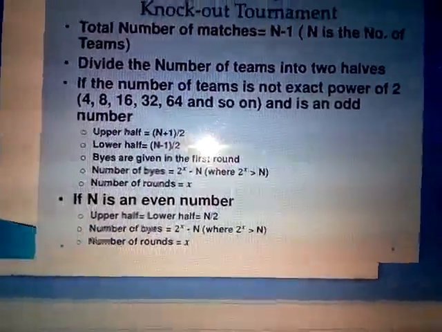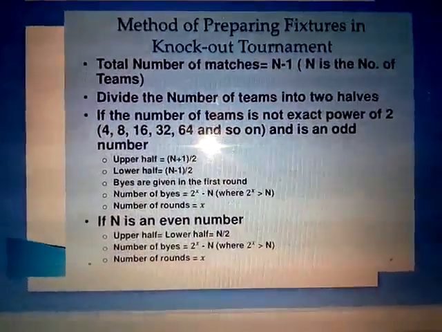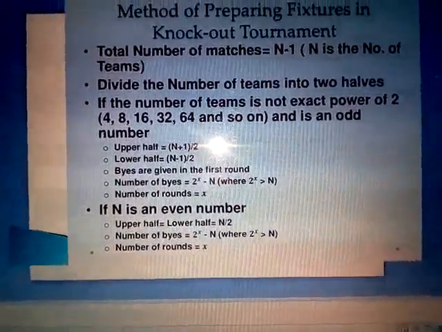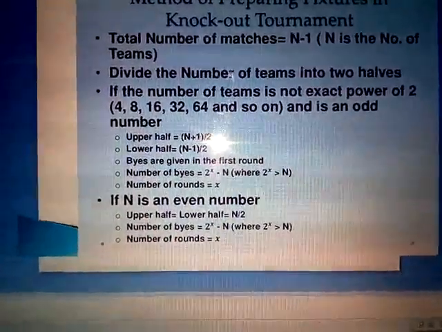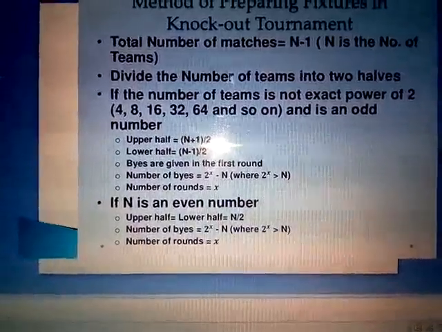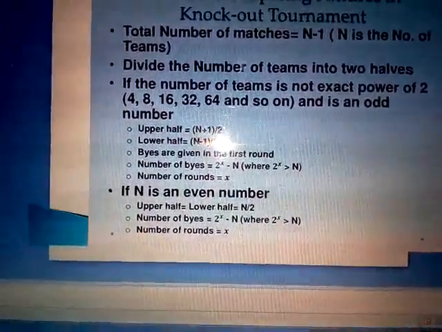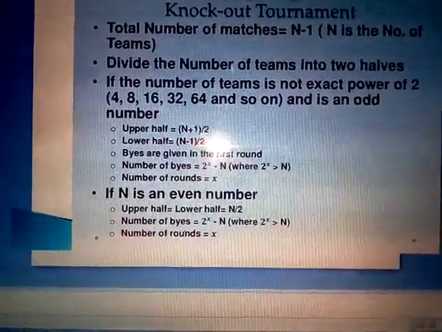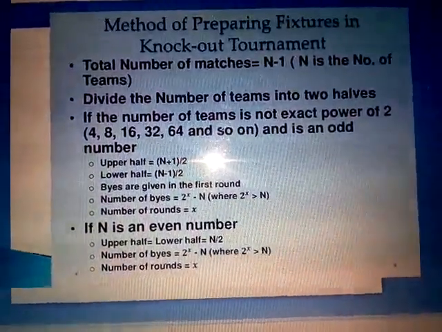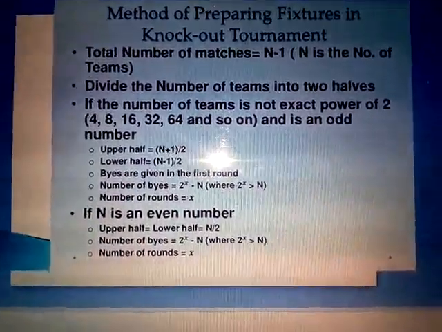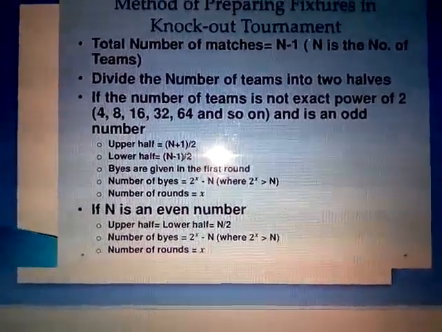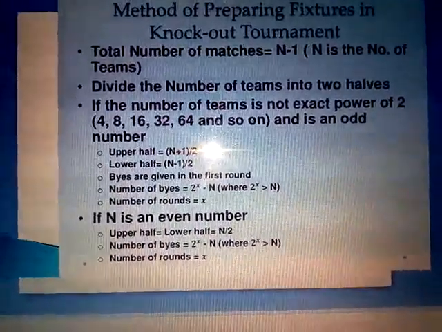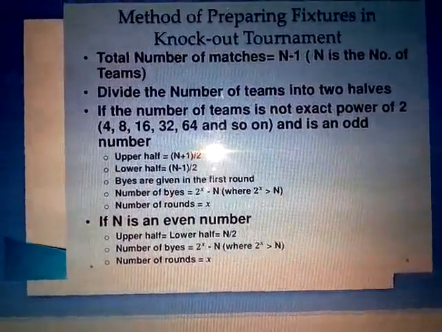Divide the number of teams into 2 halves. As we know, we have to divide the number of teams into 2 halves. Now see, if the number of teams is not an exact power of 2, such as 4, 8, 16, 32, 64 and so on, and is an odd number, there is a formula to divide the teams into 2 halves. Upper half is n minus 1 by 2, lower half is n plus 1 by 2.